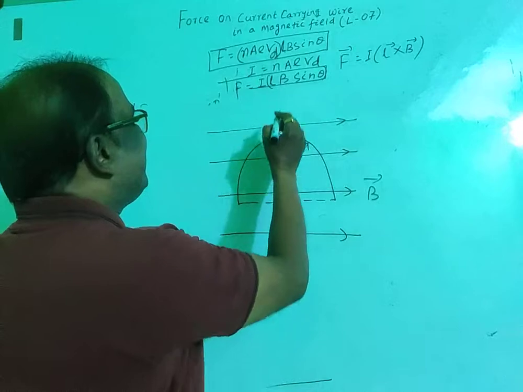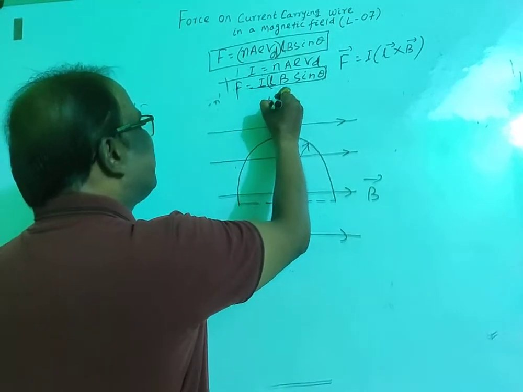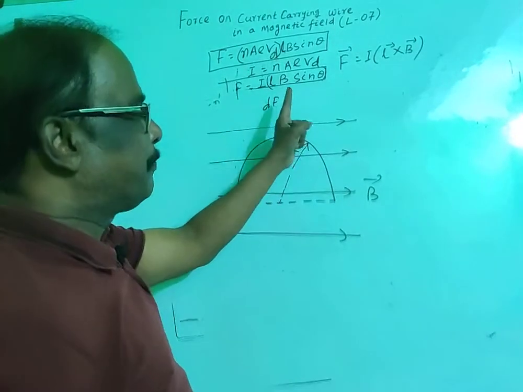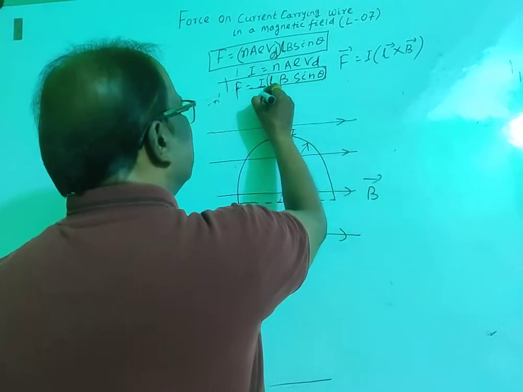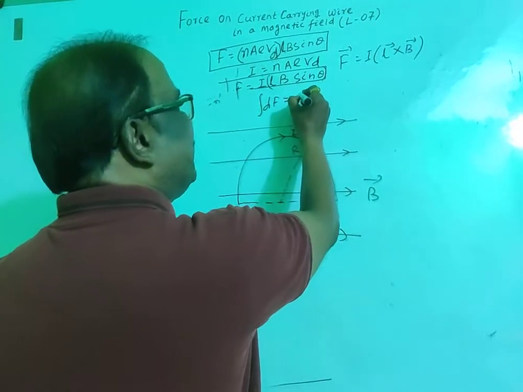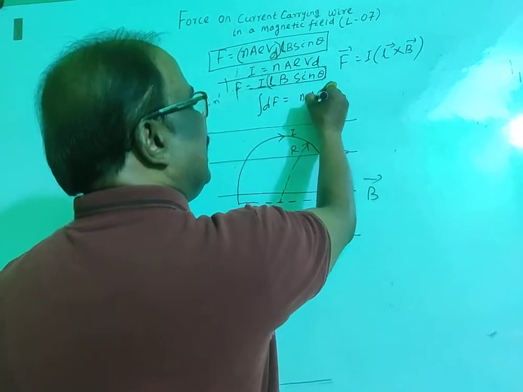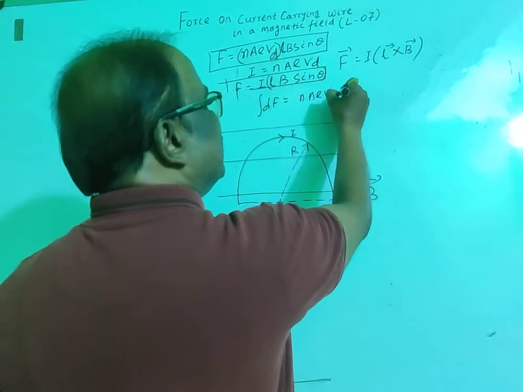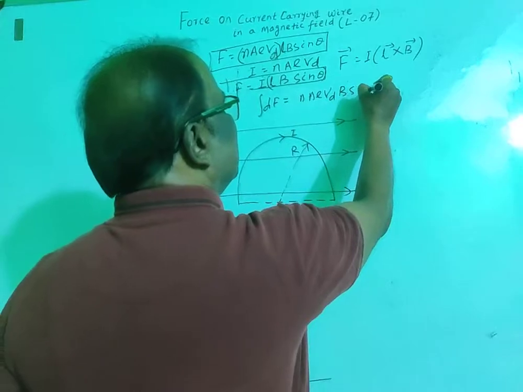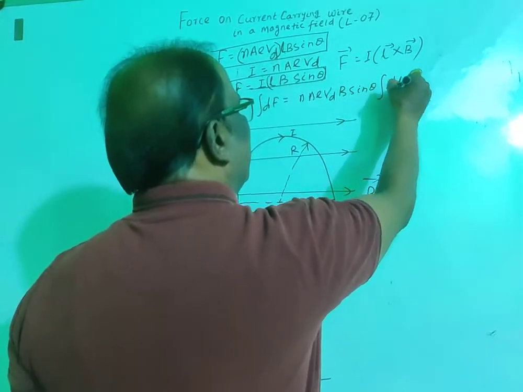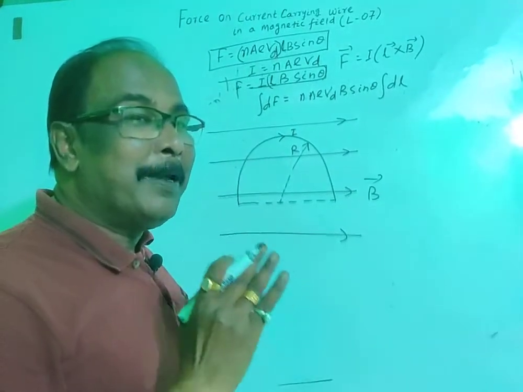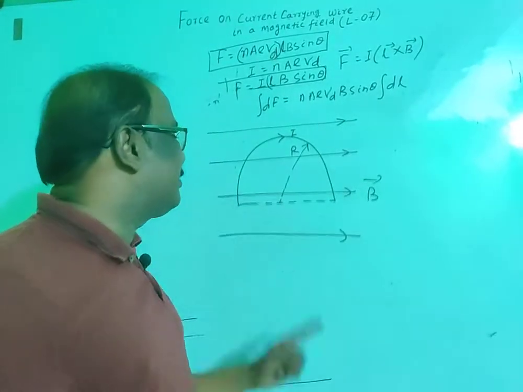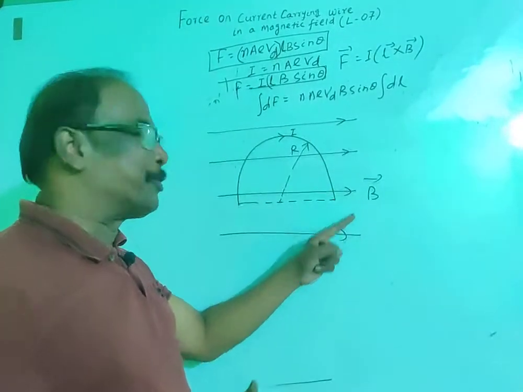In the previous discussion I have shown the formula for dF: integration of dF is equal to N I B sin theta into integration of dL. Then what is dL? dL is the vector sum of elements of the coil from initial to final position.